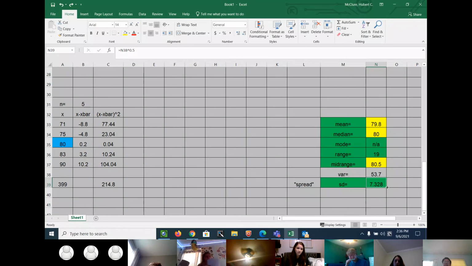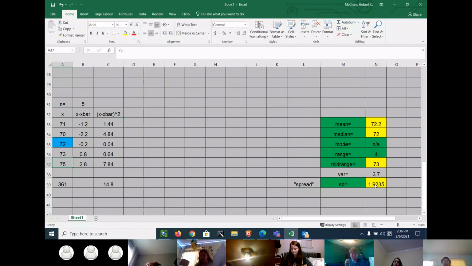Everybody see that? Look what happened to the standard deviation. It went from a 7 to a 2. And these numbers got closer, what? Together.